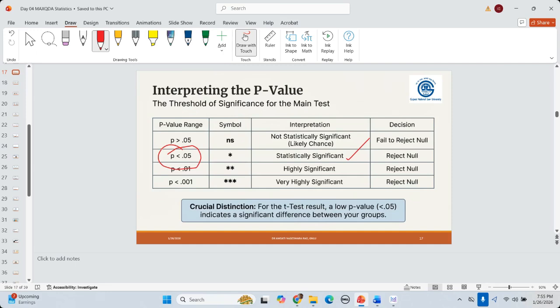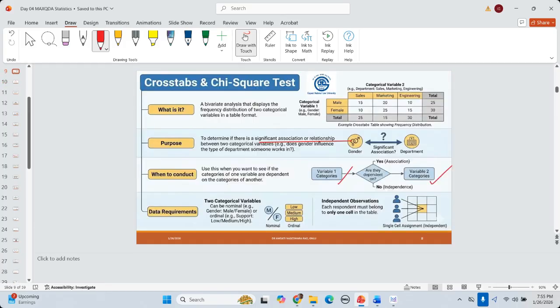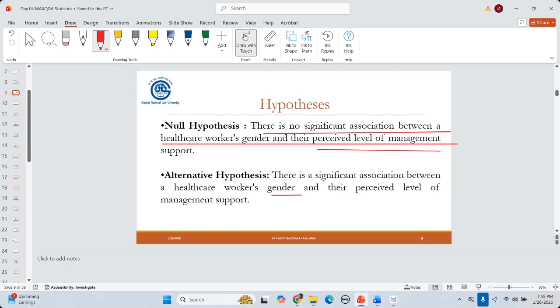Now, in case the p-value is greater than 0.05, we fail to reject the null hypothesis. Means there is no difference between gender and department. As for our hypothesis, when it comes to the chi-square test, what is our hypothesis? There is no significant association, our null hypothesis. If a p-value is less than 0.05, we are going to reject the null hypothesis.